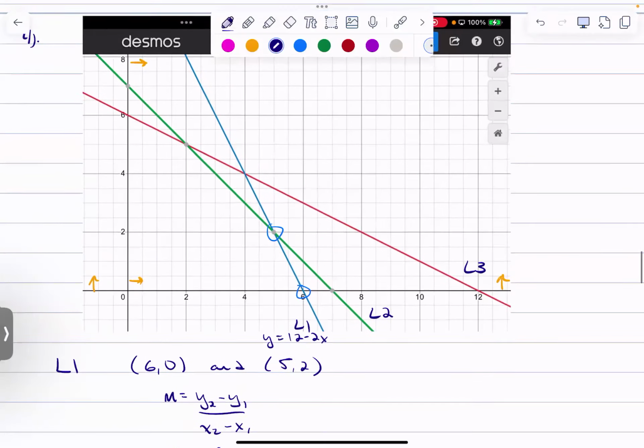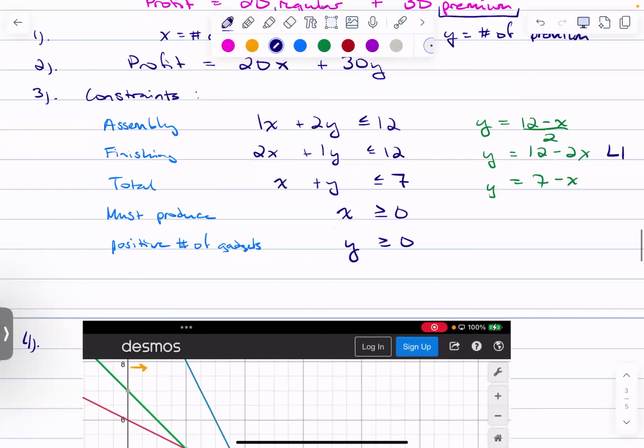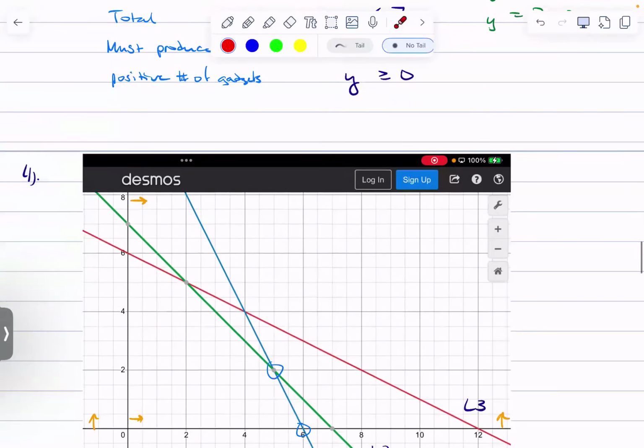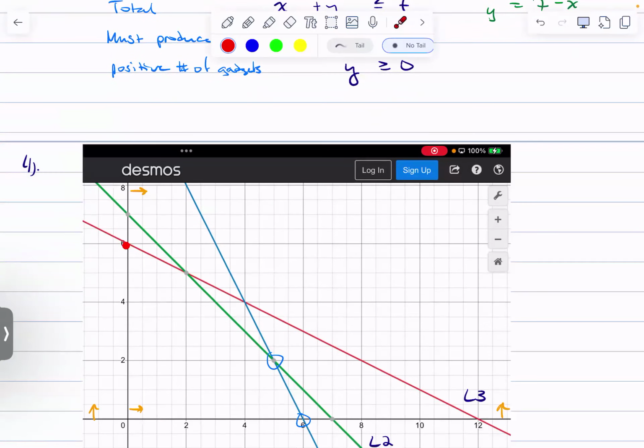You can do the same thing for line 2, but if you had to pick, this first one has a slope of -1/2, and this next one has a slope of -1. But the y-intercept is also telling: 12 divided by 2 is a y-intercept of 6, which tells me that must be the red line. So you can kind of reverse engineer it.